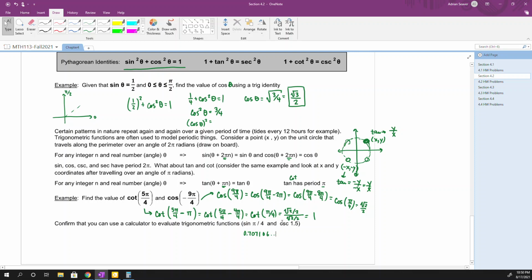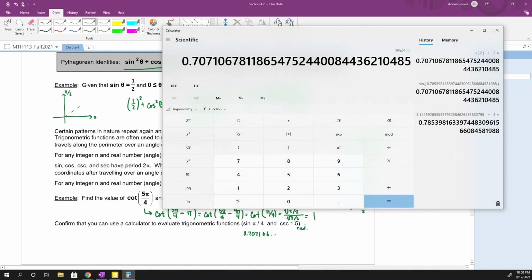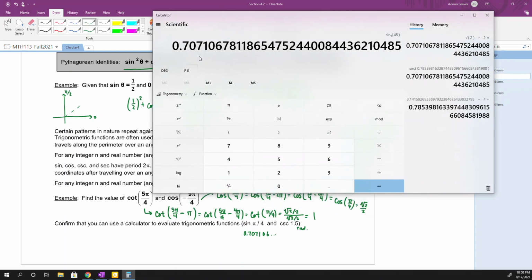There will be the case where you need to find the next one, which says cosecant of 1.5. Now notice there is no degree symbol there. So even though there's no pi here, I'm going to assume that that is in radians. So if I go to my calculator, most of your calculators, now this one does have these buttons, but a lot of calculators do not have secant, cosecant, and cotangent buttons. So the way you have to find that, let me make sure I'm in radian mode again.